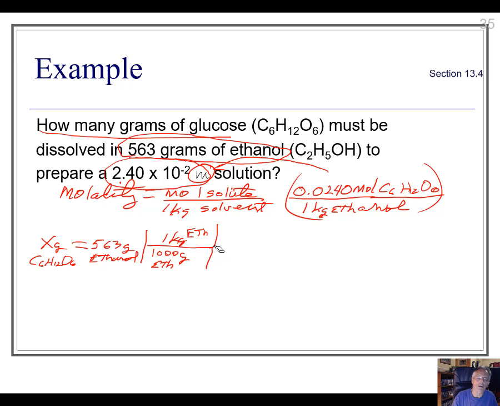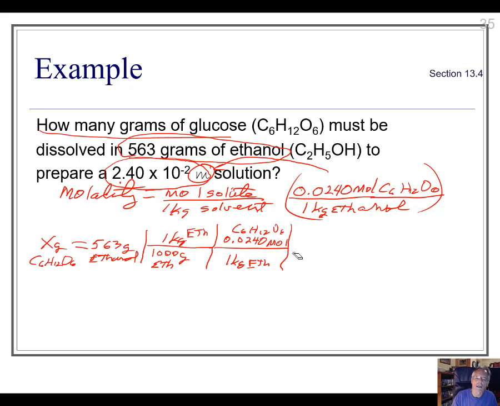All right. Now, my concentration is this. It says in every 1 kilogram of ethanol, I've got 0.0240 moles of C6H12O6.